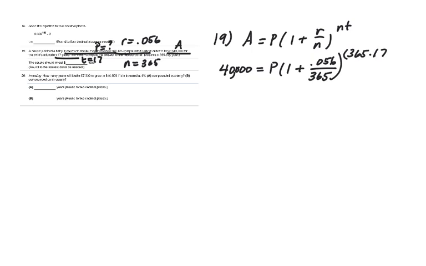Be careful to put that in parentheses if it doesn't do an exponent. Since P is being multiplied to this whole exponential expression, I could divide by that whole exponential expression.